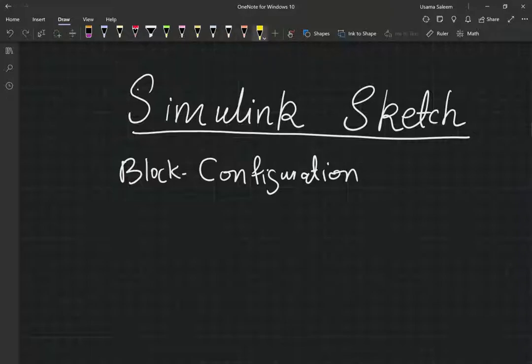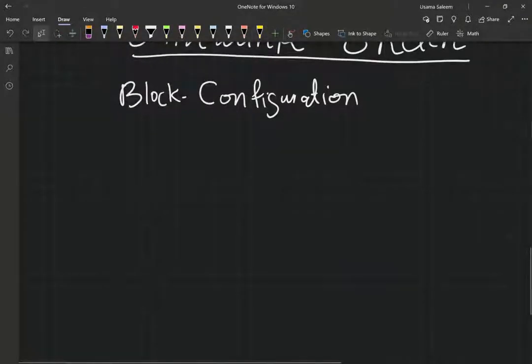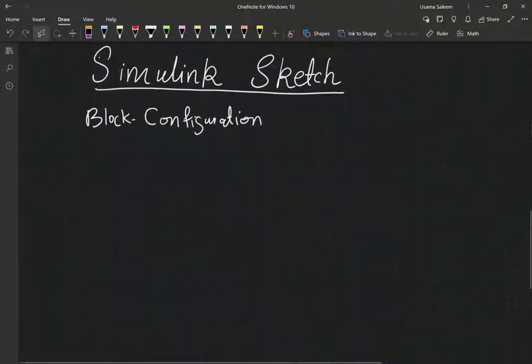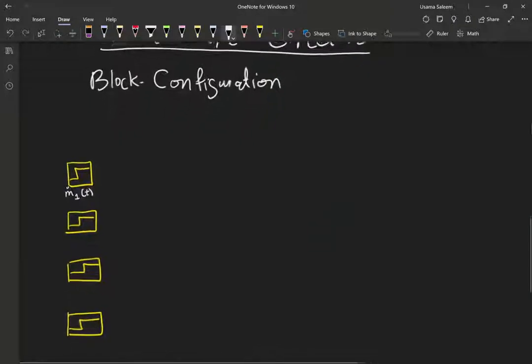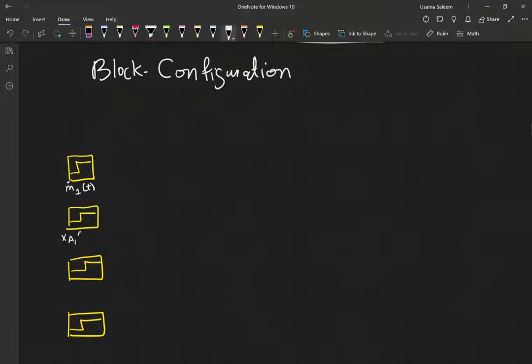So let's start. I have a total of 4 possible inputs. Let's zoom out a little, because this is going to get, hopefully it doesn't get too messy. I have 4 inputs, and my inputs shall be represented as step blocks. First I have M1, the flow rate of stream 1, XA1, the mass fraction of stream 1, M2, the mass flow rate of stream 2, and XA2, the mass fraction of stream 2.